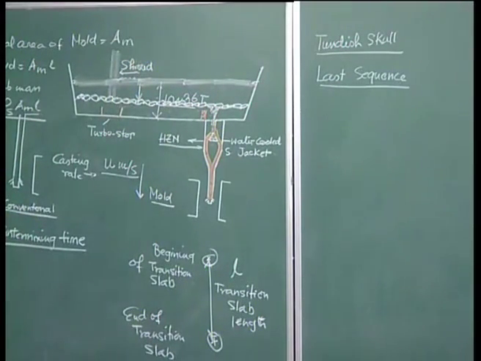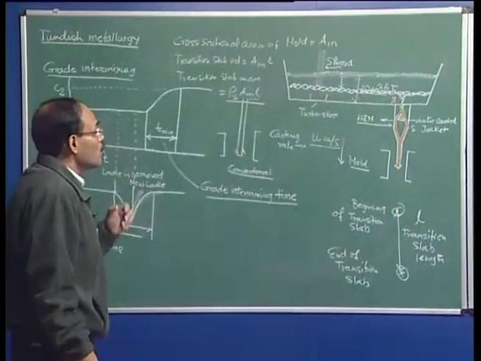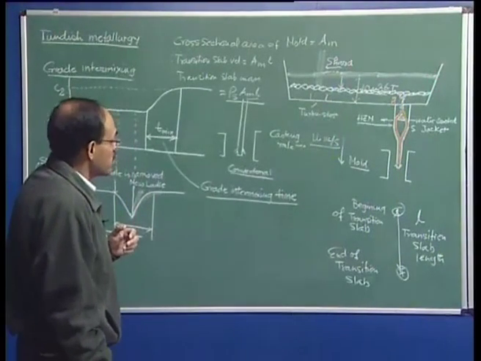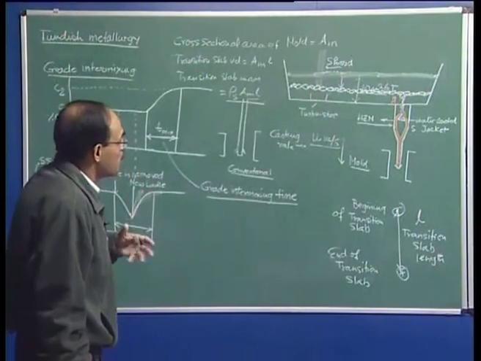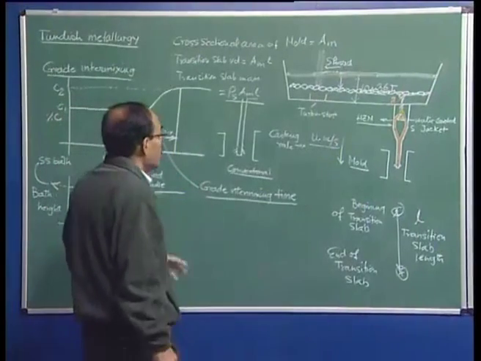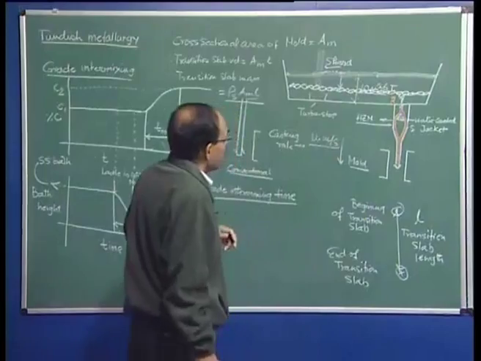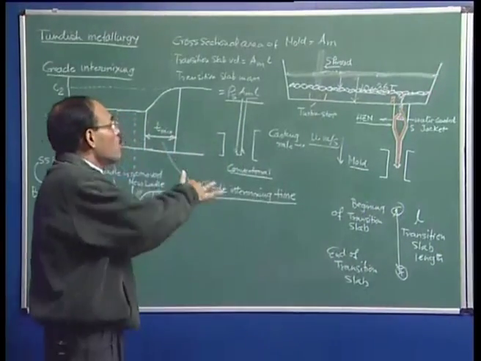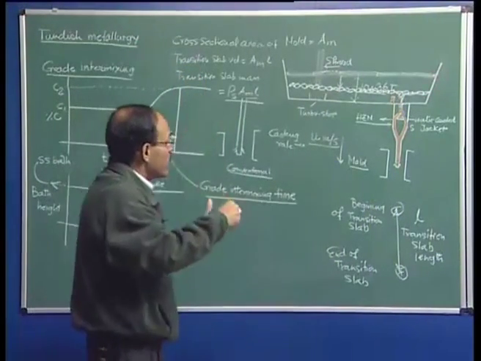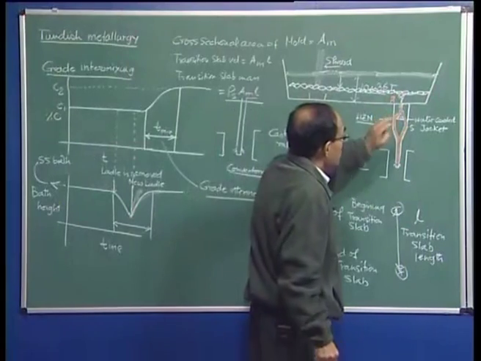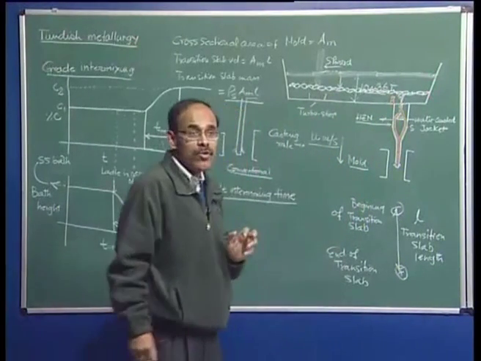That need not happen. So, the operators have to have a lot of experience in order to control the opening of the ladle, prevention of tundish skull, prevention of too much slab formation, as well as prevention of slag entrainment into the mold.